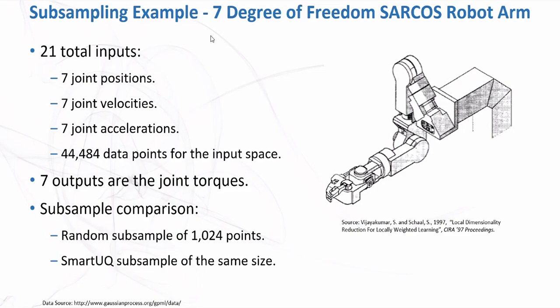For a set of those values, the position, velocity, and acceleration of each joint, the data from the robot also tells us what the torque is in each joint. And in total, we have data collected from this robot as it performs its standard operations, and we have around 45,000 data points for that.